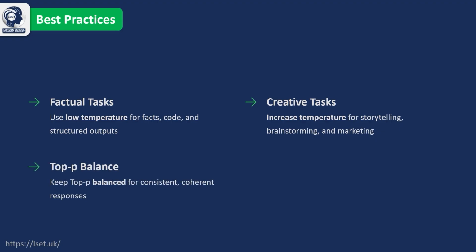Keep top P at a balanced level to maintain coherent and natural responses without sacrificing quality. Finally, remember that there is no single perfect setting. Experiment with different combinations of temperature and top P, and choose the values that best match your business objective and desired output.